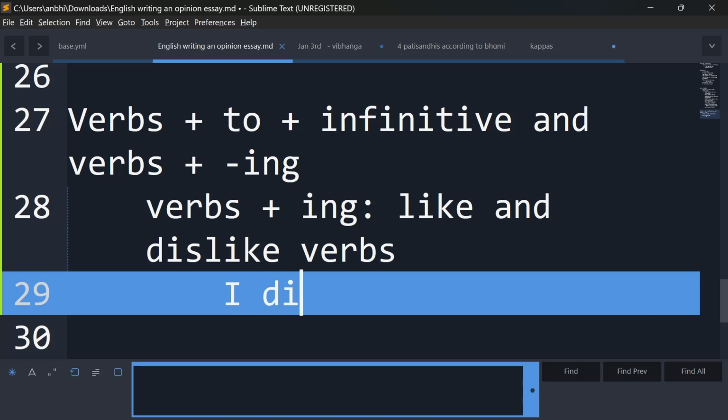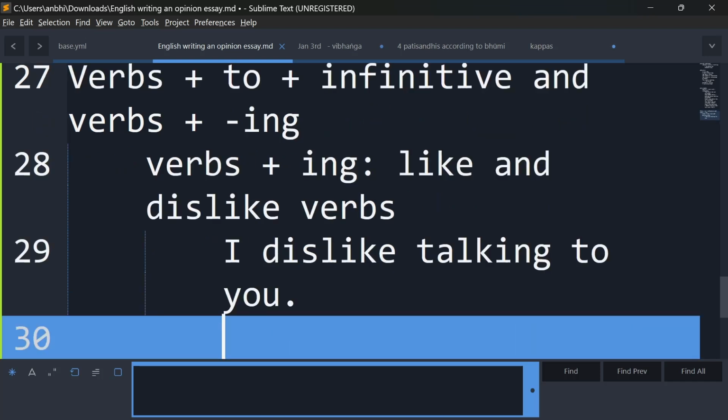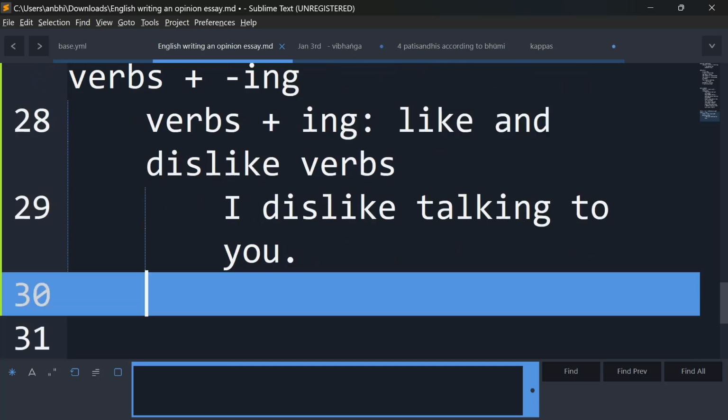Okay, one example. For example, I dislike talking to, could be with, talking to you. I think it's more common. These are verbs with ing, like and dislike verbs.